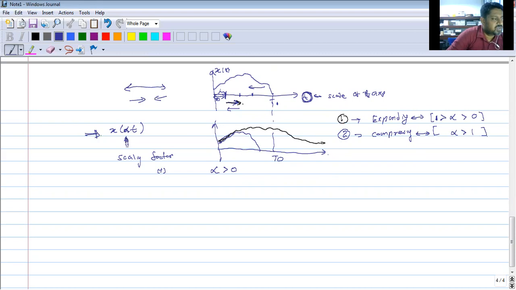Normally we consider the scaling factor as plus, that means greater than 0. So if alpha is between 0 and 1, that means values like 0.1, 0.5, 0.9.